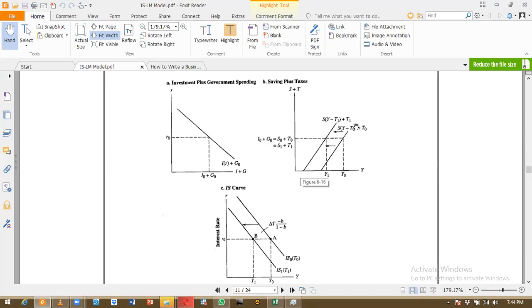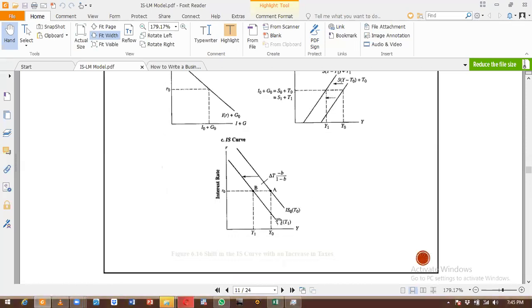But the increase in tax is causing a leftward shift in the leakages schedule, which means that it's causing a fall in income. So when it comes to the IS curve, even at the same level of interest rate, the IS curve is shifting from IS0 towards IS1, with equilibrium shifting from A to B, which is causing income to fall from Y0 to Y1.